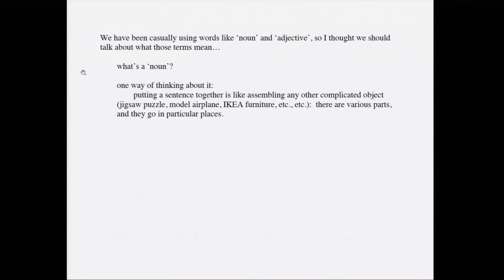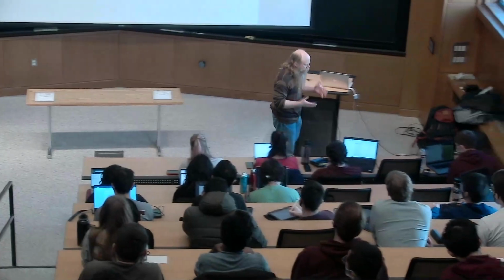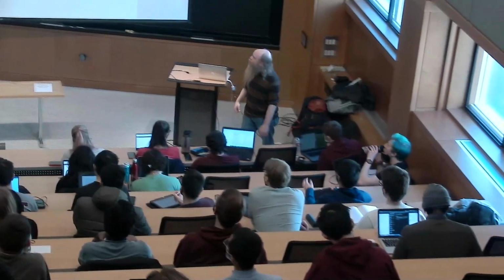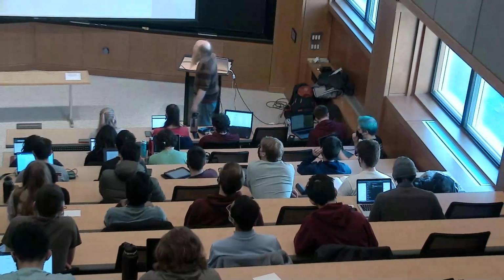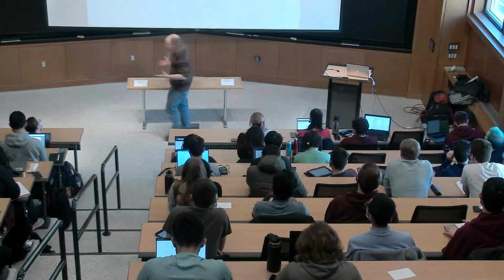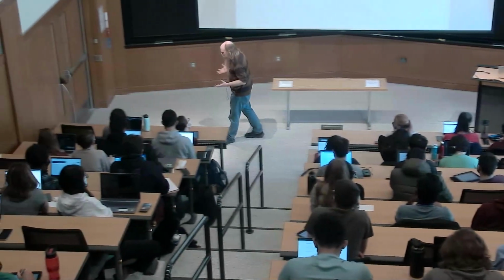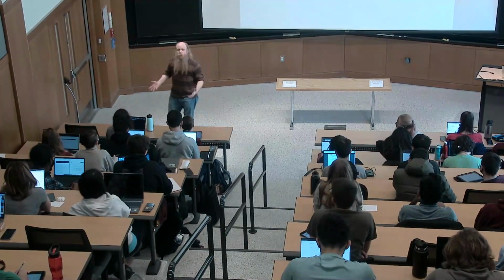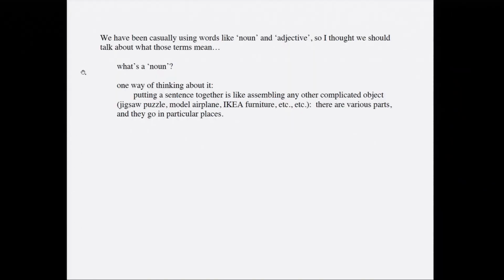Putting a sentence together is like putting together any other complicated thing with lots of parts. Take your favorite example of that, a jigsaw puzzle or a model airplane or IKEA furniture, if you've ever assembled that. They have different parts with different shapes that go in different places, right? If you're making a model airplane, there are the wheels, and the wheels go where the wheels go.